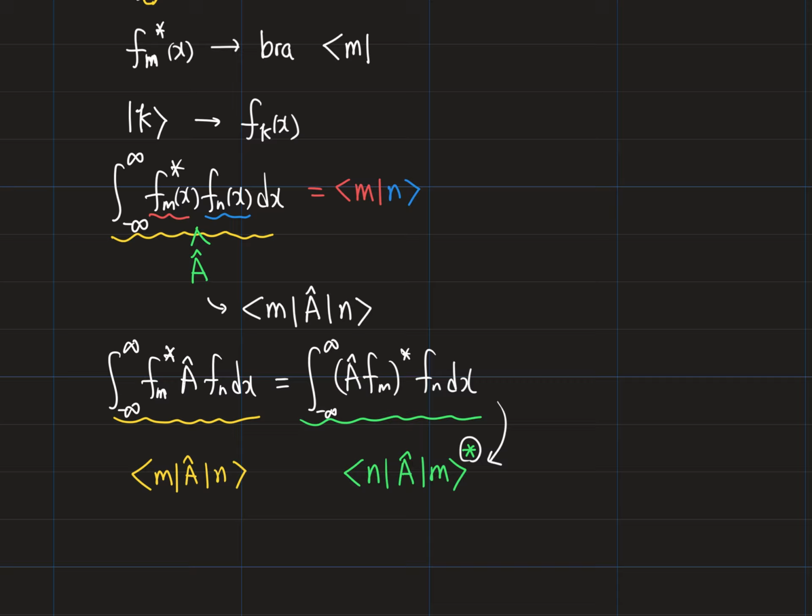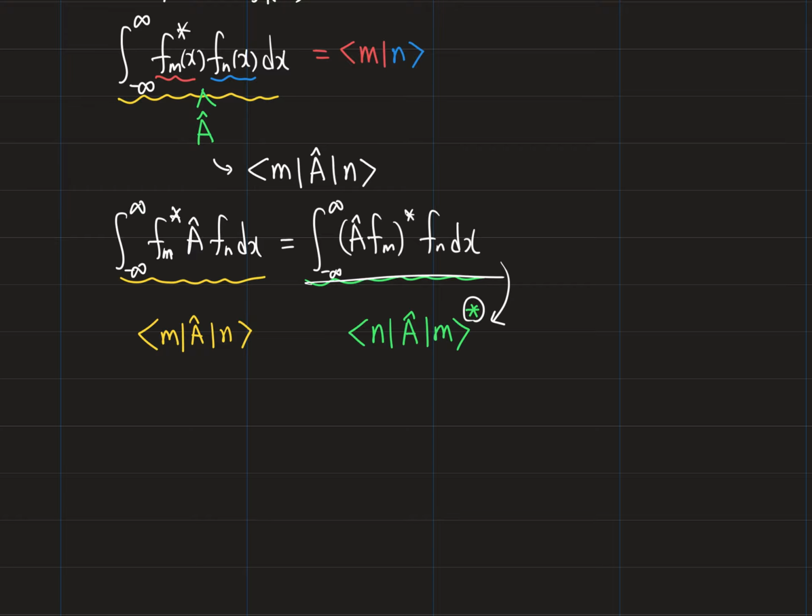If you take the complex conjugate of this integral expression, then that is just like ψn star, A hat ψm dx, right? So this should be ⟨n|A|m⟩.